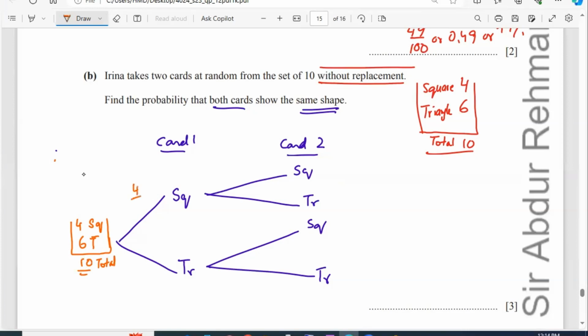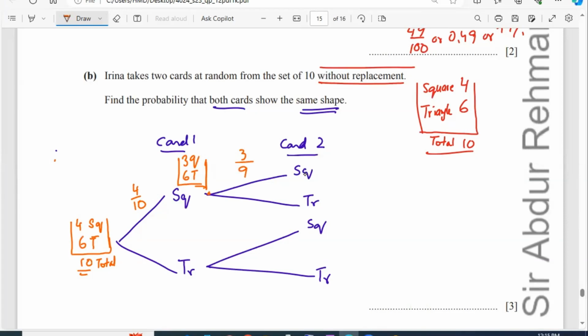Now, when we are picking the second square, it is a without replacement case, so we do not put it back. So there are 3 squares here and 6 triangles, so the probability will be 3 over 9.